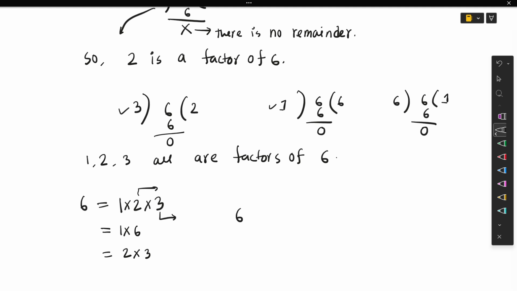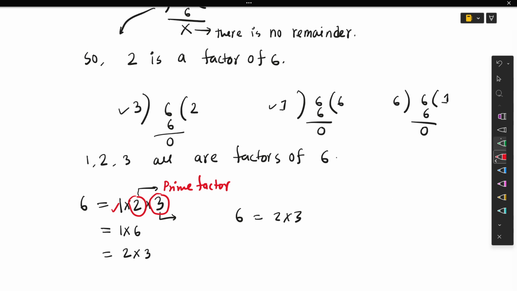You can break 6 into 2 times 3, but you cannot break 2 or 3. So these are called prime factors. 2 and 3 are prime factors. Okay, 1 can also be considered as a prime factor.